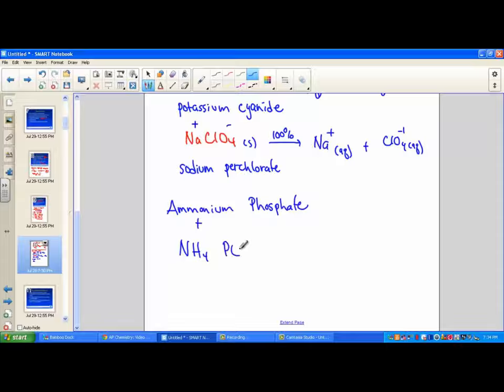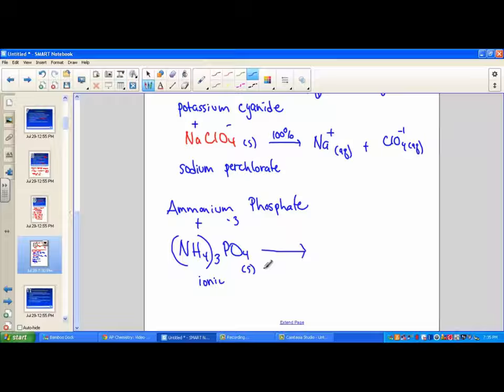Now phosphate is a polyatomic ion as well, PO4. It carries a -3 charge. So remember how we take a group of polyatomic ions by placing it inside a parenthesis to create an electrically neutral compound. The ionic compound called ammonium phosphate is indeed water soluble.